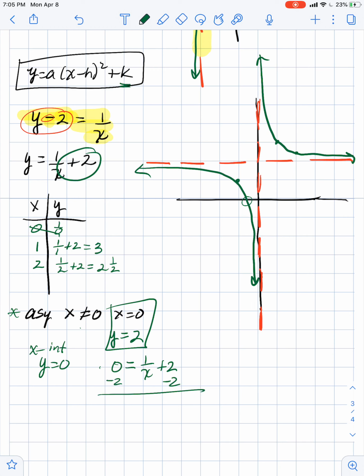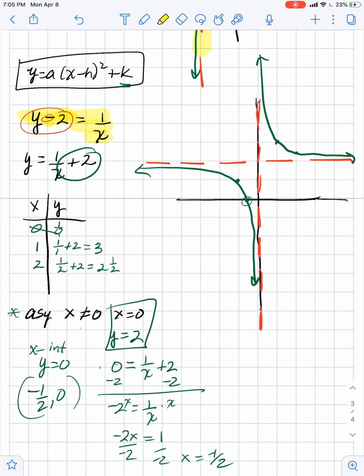I would minus 2 on both sides. 1 over x. You can cross multiply however you want to do that. Multiply by x on both sides. So I get a negative 2x equals 1. Divide that off. X equals negative 1/2. So negative 1/2, 0 should be my x-intercept. There it is, negative 1/2, 0.